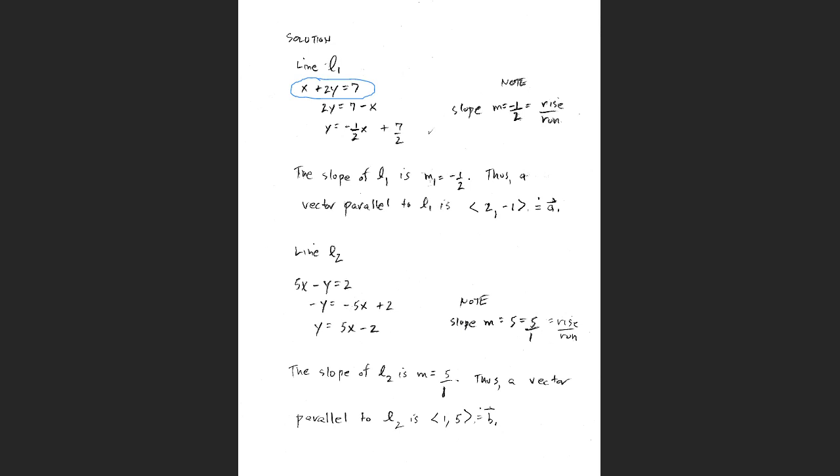I'm going to put the line in y equals mx plus b form so I can determine the slope of the line. Okay, slope is -0.5. So the slope of the line is -1/2, and we know the rise and the run. Let you catch up to here.